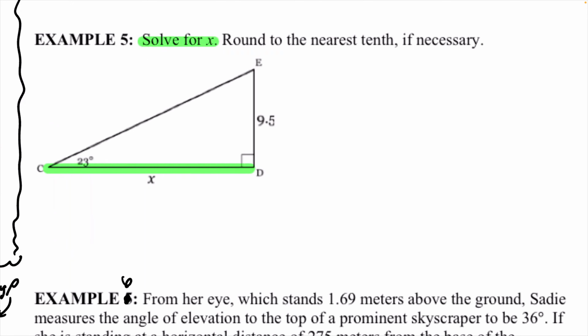It's a right triangle. Angle C is 23 degrees. Angle D is 90 degrees. What is angle E? Use your calculator to figure it out. What is it going to be? 67. 67, good. Because they all have to add up to be 180.